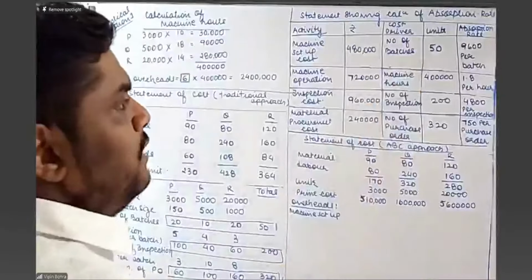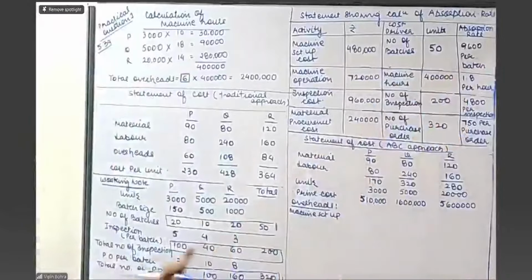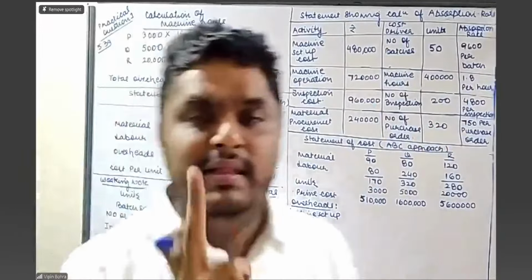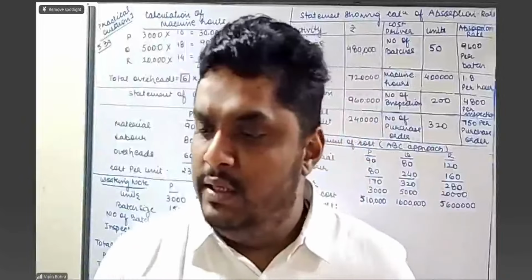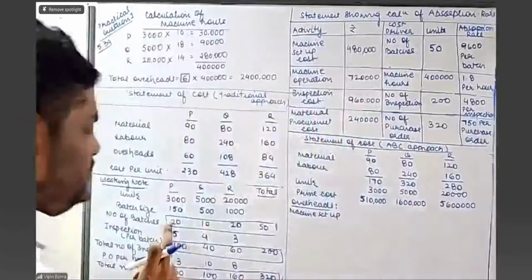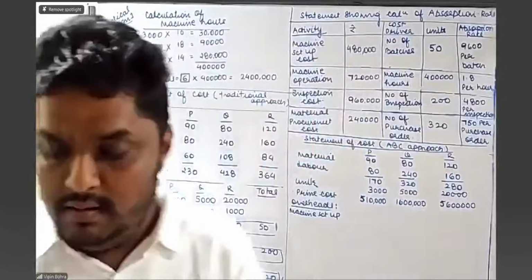It is 9,600 per batch, into the number of batches, which are 20, 10 and 20.